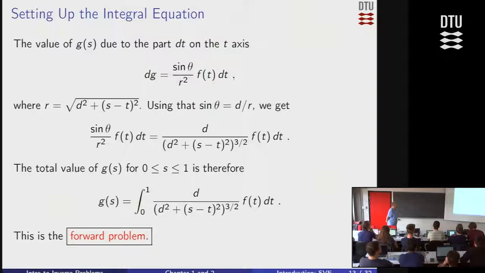You multiply that tiny contribution, f of t, with the length of this infinitesimally small length along the t-axis, then you divide by r squared, because we know that's how gravitational field depends on the distance. R is the distance from the point t to the point s on the surface, so R is given by that equation with the square root. And then there's a sine theta because we measure not the strength but the vertical component.